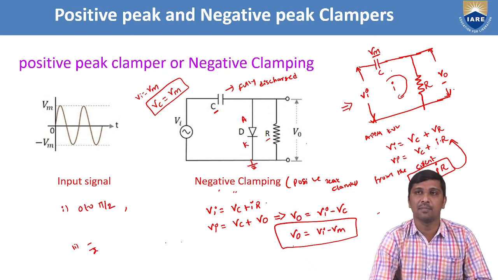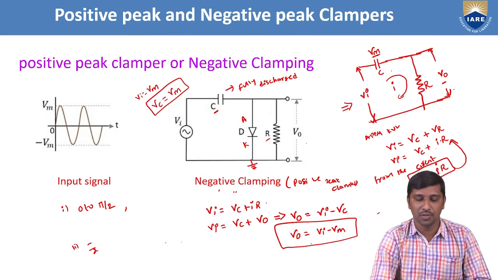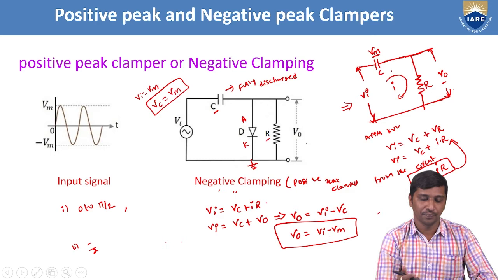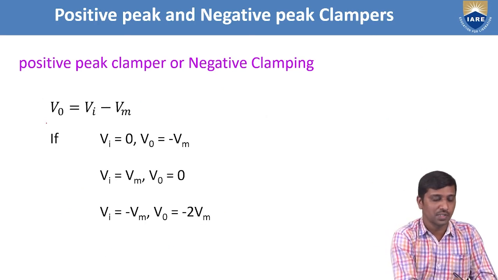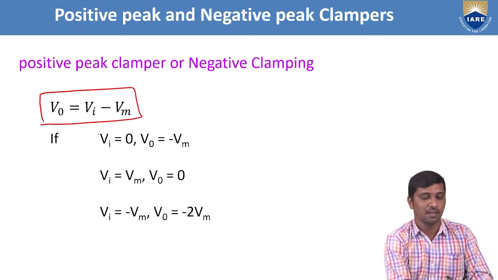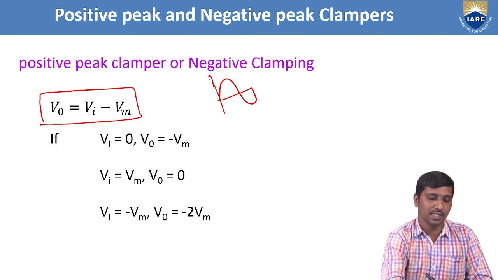For this clamping circuit, now we need to observe what happens with respect to the given input signal. We have this mathematical relation: V0 is represented as Vi minus Vm. Now let's consider this as the input signal.